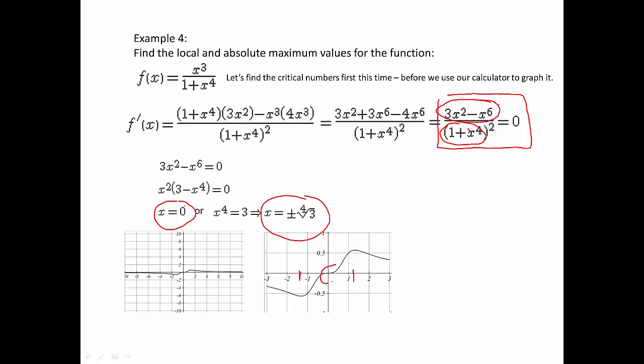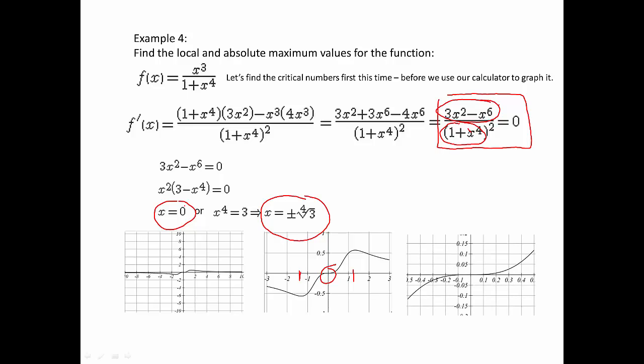And there's a question, maybe if we zoom in more at x equals 0, we might see there's a maximum or minimum there. But no matter how far you zoom in, I only did it a little bit here, you can see there's no maximum or minimum. We're actually going to learn in the future exact ways of determining if something is a maximum or minimum, because honestly, I still am not positive that x equals 0 is not a maximum or minimum point, because maybe if I zoom in close enough, I'll see something.